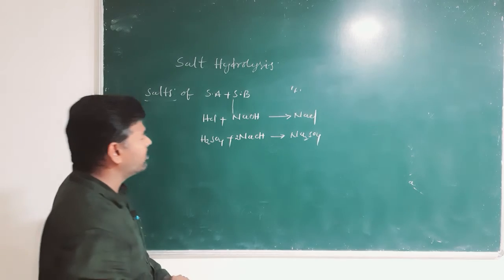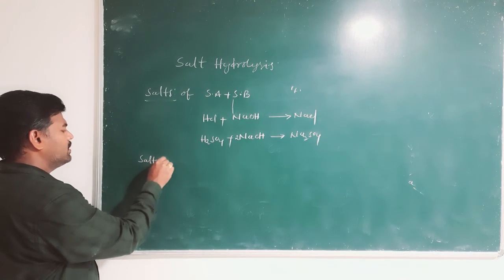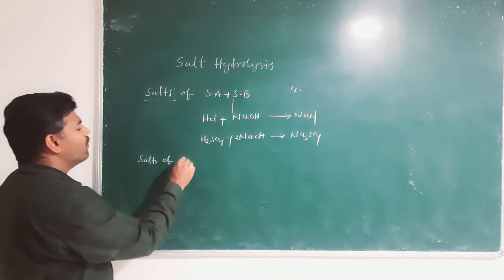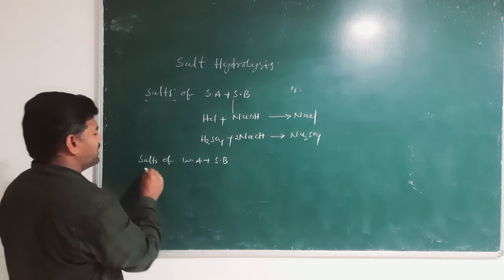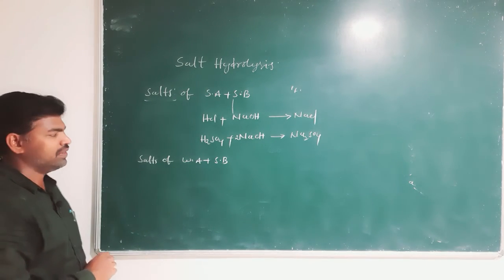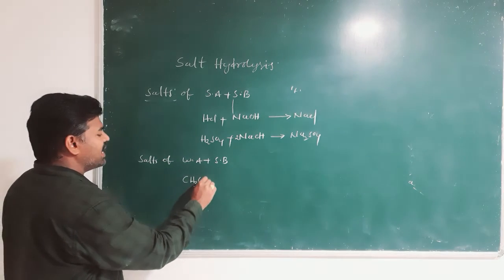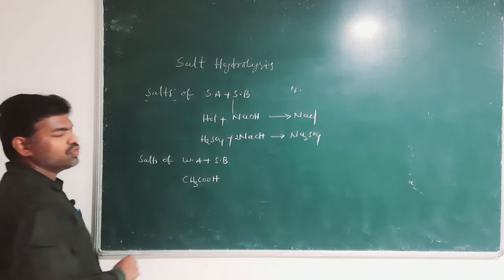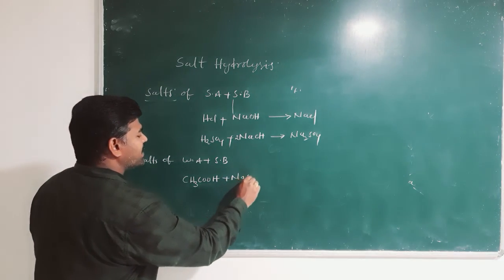Next, salts of weak acid and strong base. Example for weak acid is acetic acid, CH3COOH, and strong base example is NaOH.